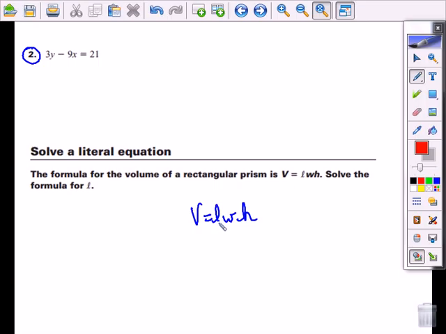I'm going to divide by both width and height so that I can solve, because this is all multiplication. So my volume over width times height equals the length. Volume over WH equals L.